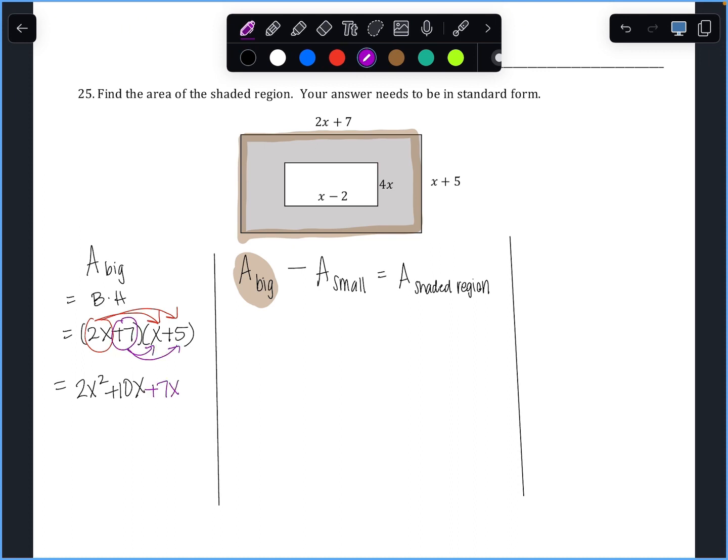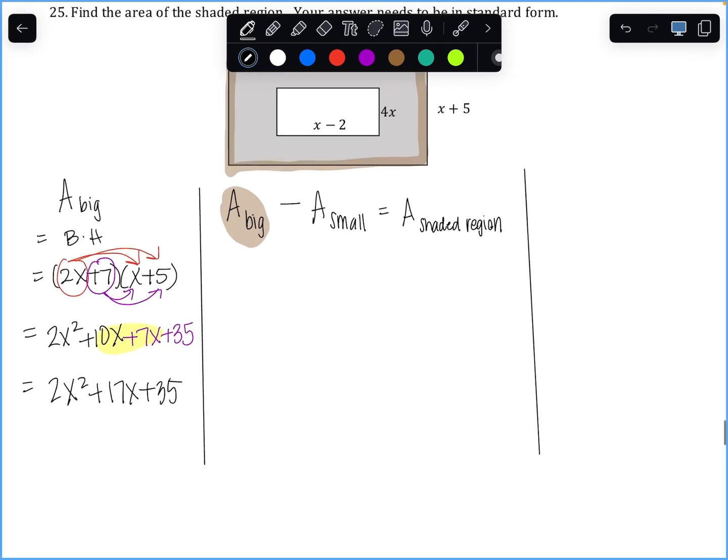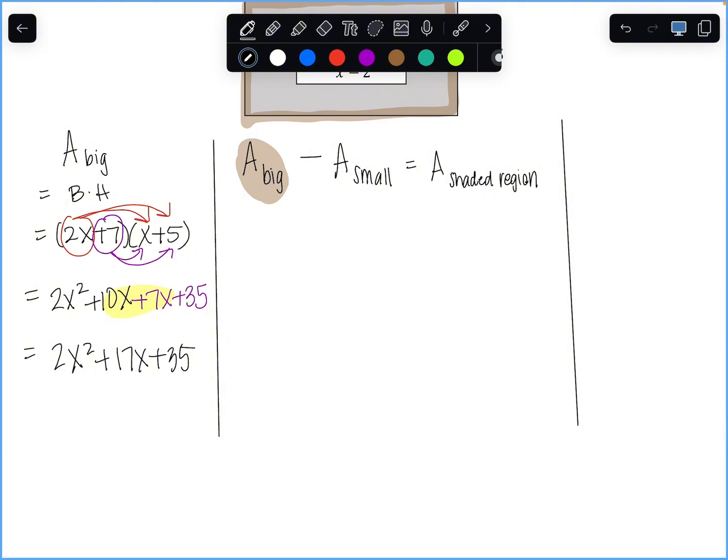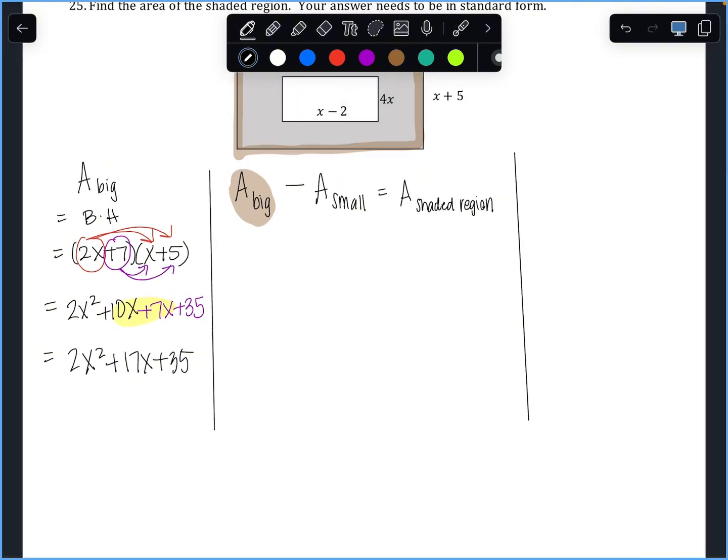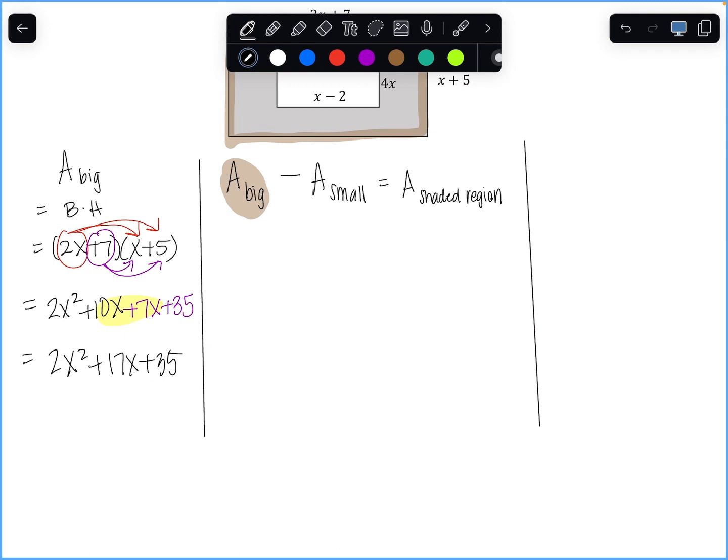And 7 times 5 is 35. We got to combine like terms. We get 2x squared plus 17x plus 35. All right, looks pretty cool. We got those 3 terms.